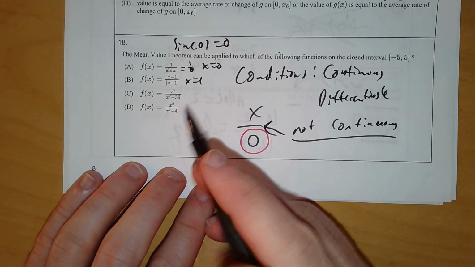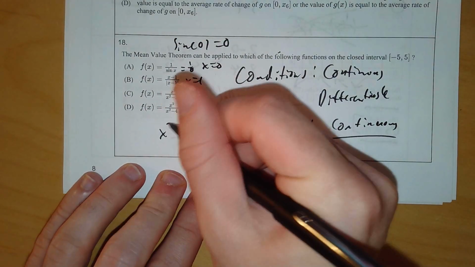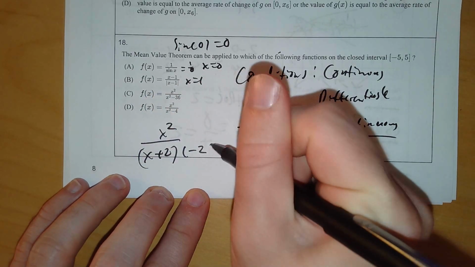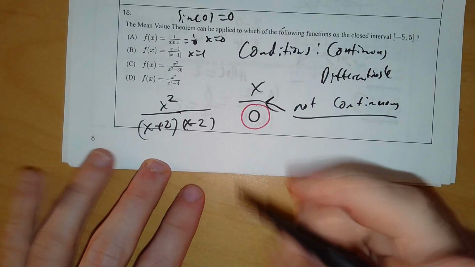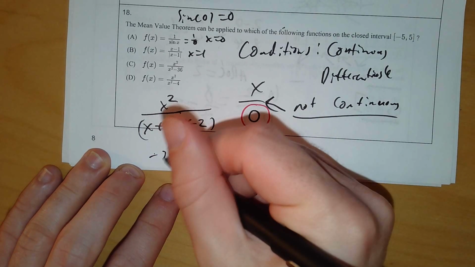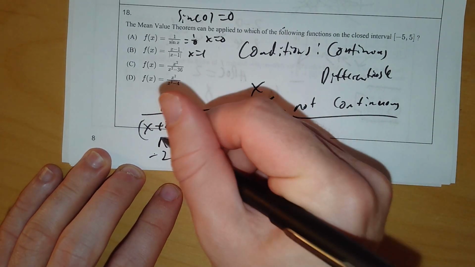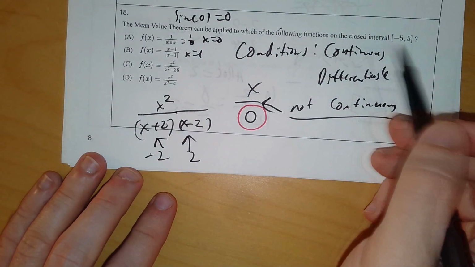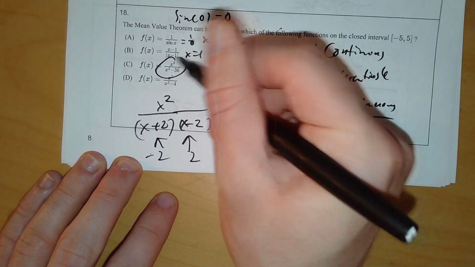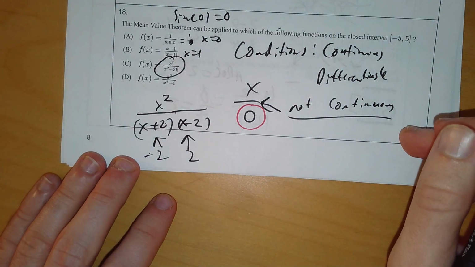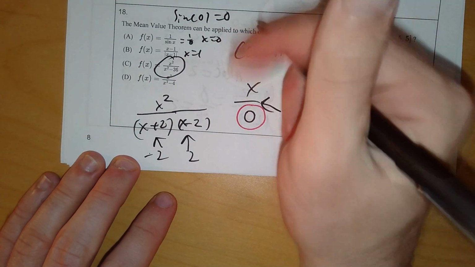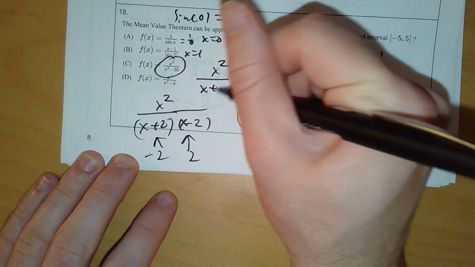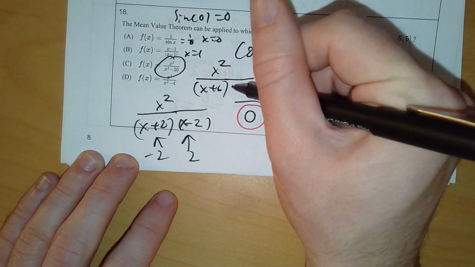If we look at D, and you were to factor the bottom, you're going to get x squared over x plus 2, x minus 2, right? That means that both -2 and 2 are going to make zeros here, which is going to make it not continuous. If we look at this one, x squared over x squared minus 36, that's x squared over x plus 6, x minus 6.